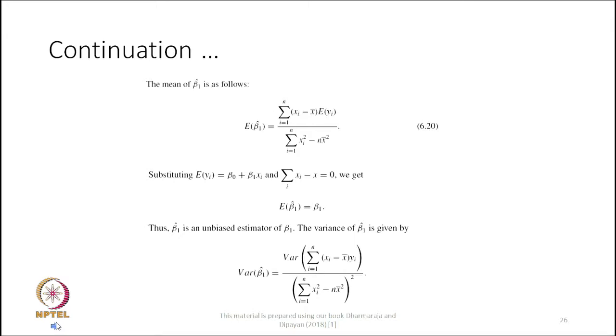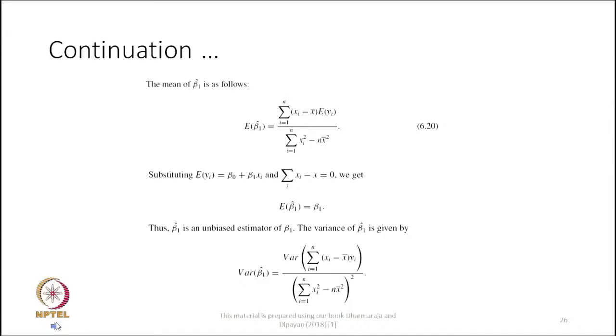So, once I write a small xi, that is a value. When I replace it by capital Xi, that means it is a random variable that takes the value small xi. So, once I create the estimates, if I replace small letters by capital letters, that becomes a random variable. Each one is a random variable. Capital Xi is a random variable, capital Yi is a random variable.